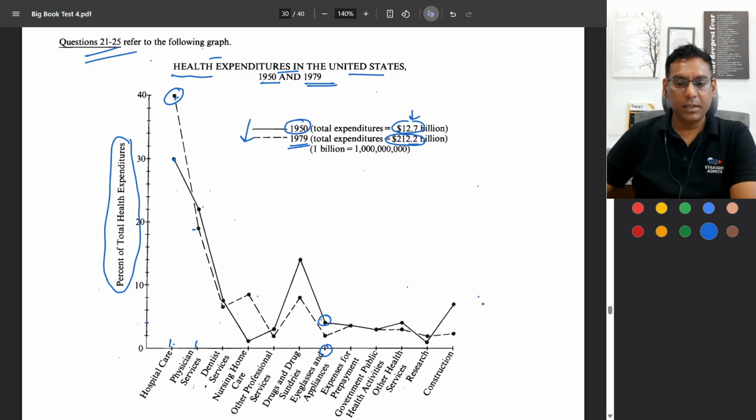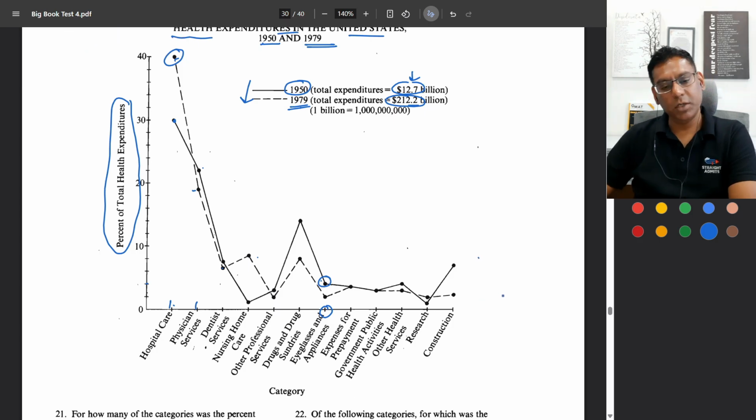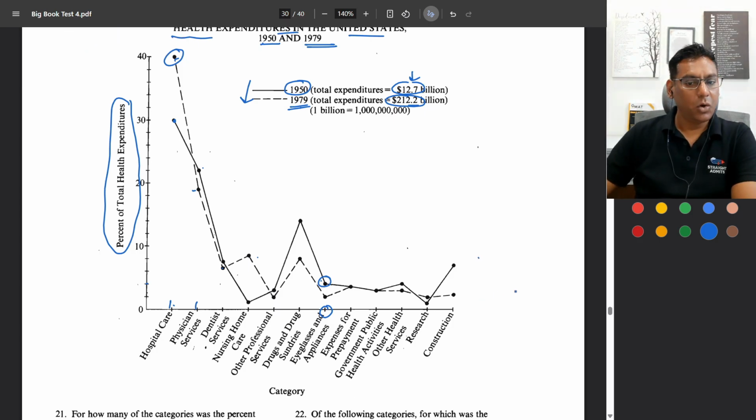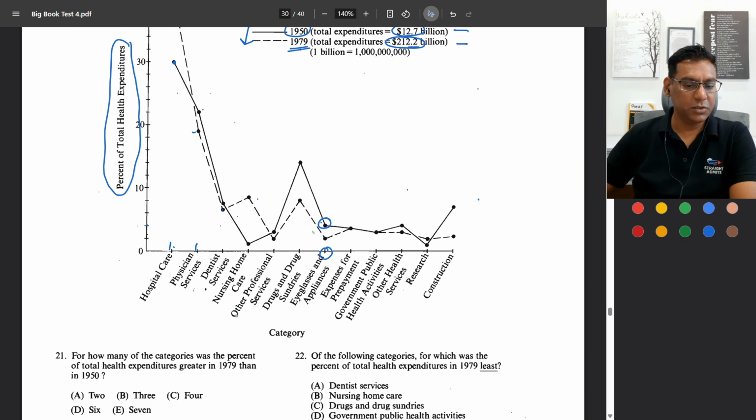Okay, let's see the other graphs. I don't have other graphs, so only one graph with two series. All right, this looks pretty straightforward, but there may be some calculation here because the numbers are a little odd. Anyway, doesn't matter. Let's look at the questions.